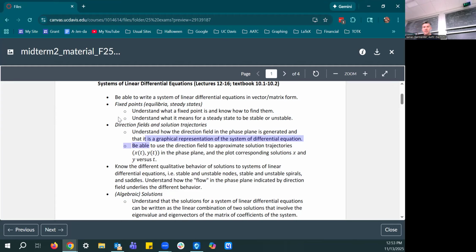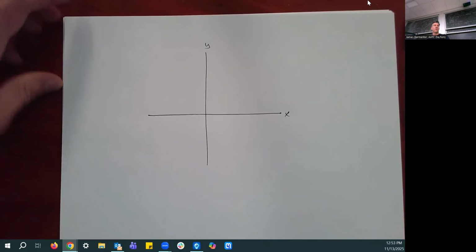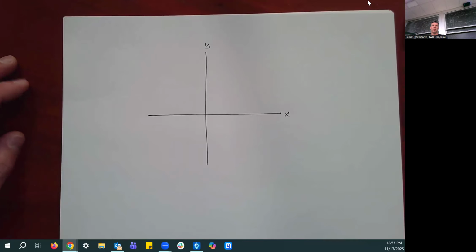So, for example, do I have a good example off the top of my head? So let's say, and you can't see this just yet. I'm not going to draw the actual direction field because it's a lot of arrows to draw.